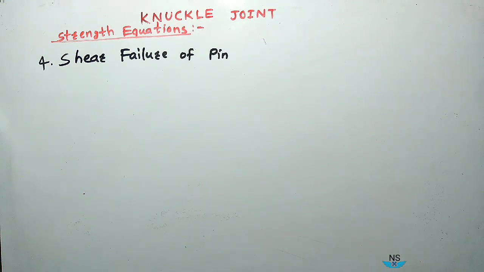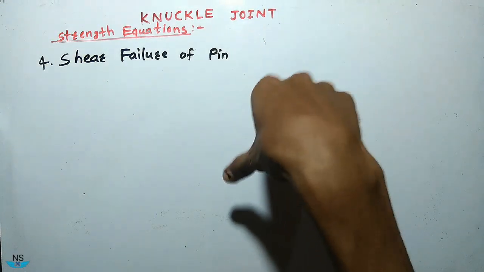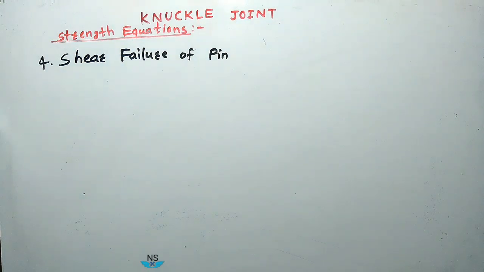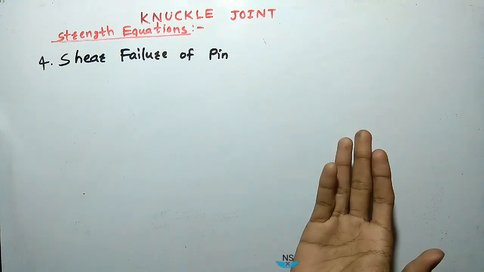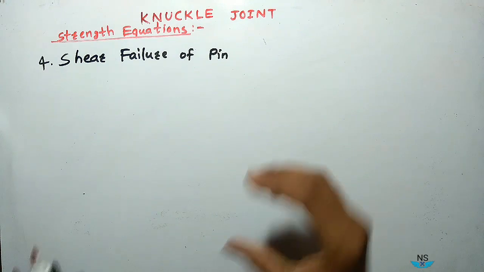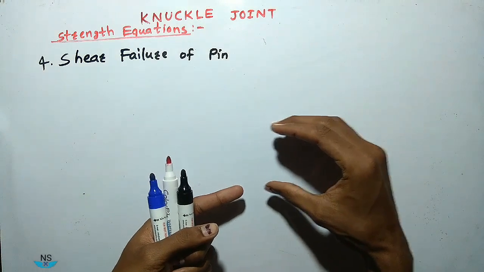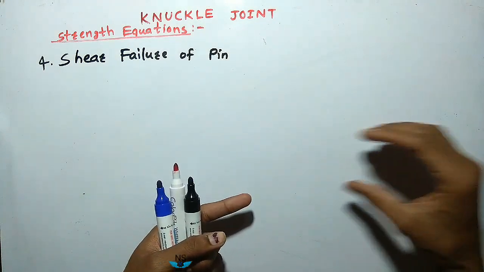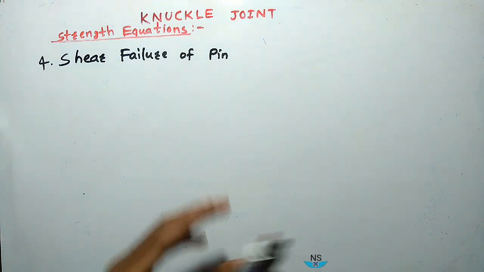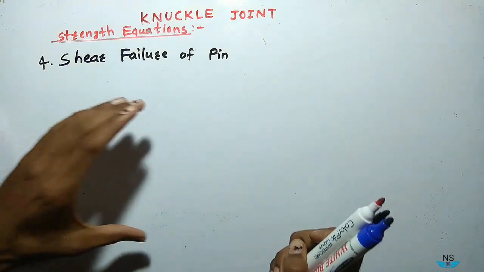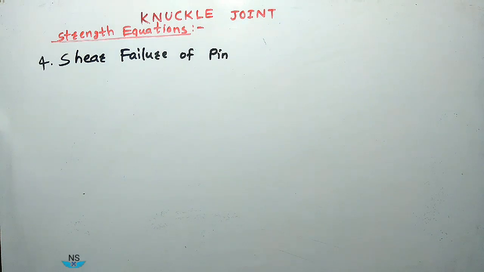Now we know that pin is at the center of knuckle, fork and eye. So on one side, eye pulls pin on B side and fork pulls pin on A side. So there is shear failure of pin will take place.